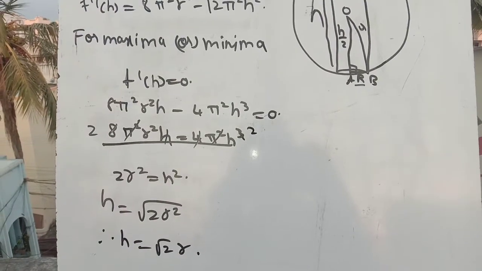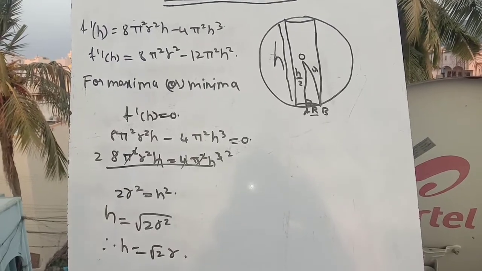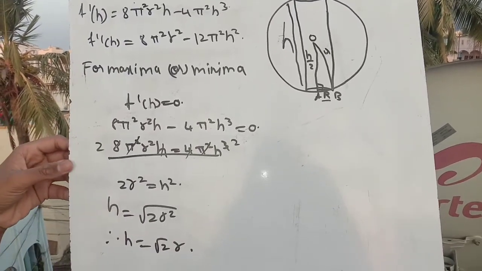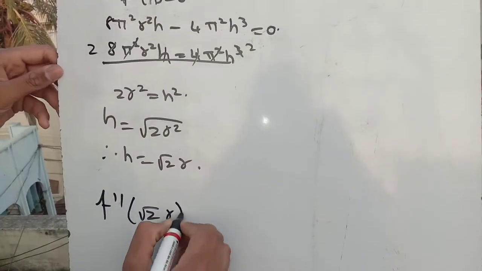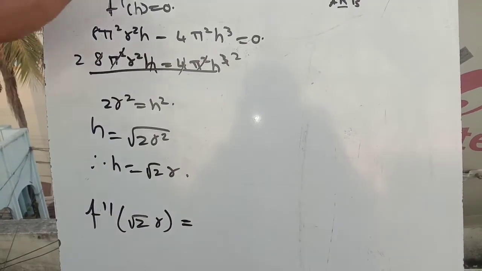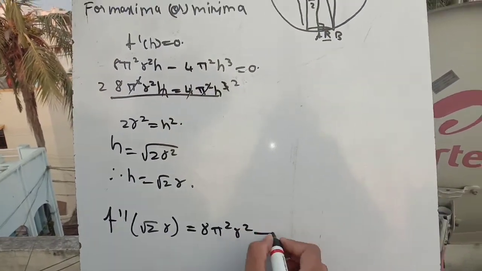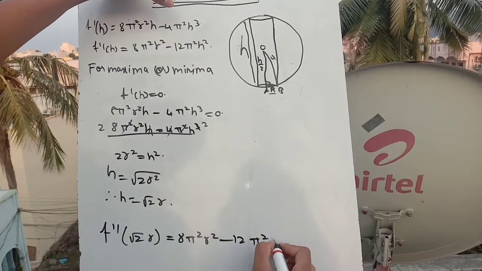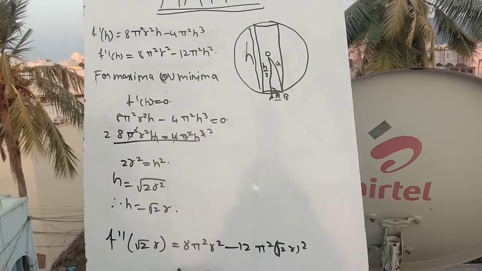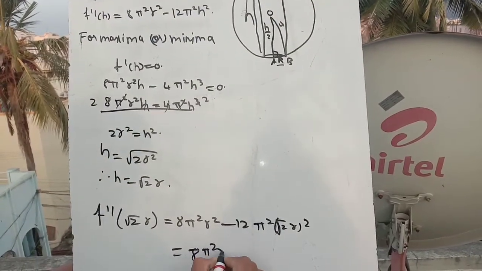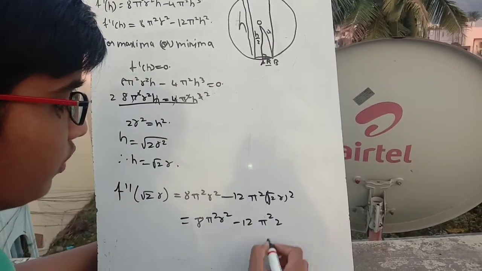In order to show that the function is a maximum, we substitute this h value in f double dash of h. So f double dash at root 2 r is 8 pi square r square minus 12 pi square into root 2 r whole square, which is 8 pi square r square minus 12 pi square into 2 r square.